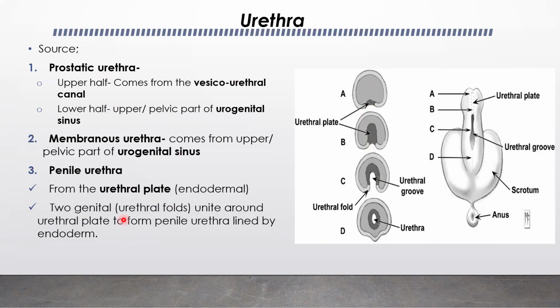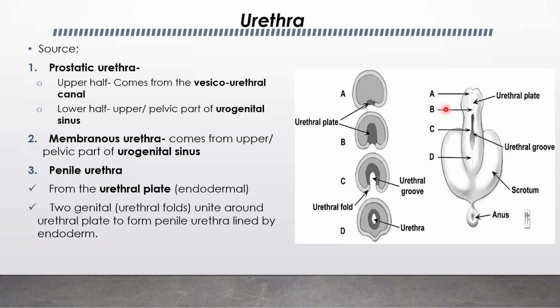What happens is that the 2 urethral folds will unite, and that's the reason why the penile urethra will be lined by the endoderm. Remember, this urethral plate is endodermal in origin, and that's the reason why the penile urethra will have different types of epithelium.